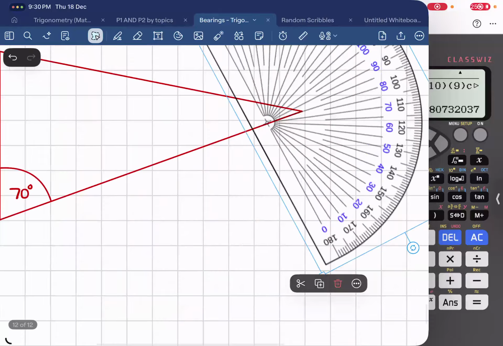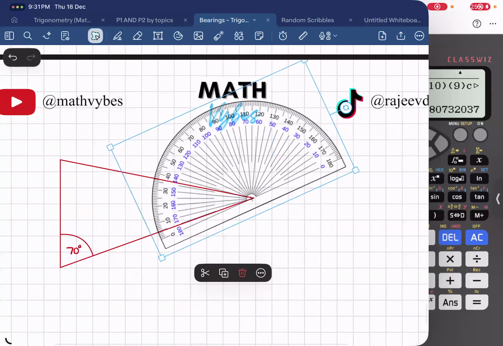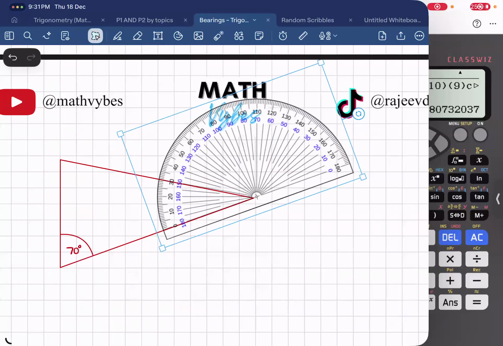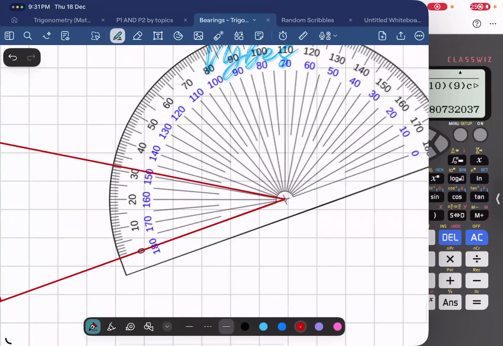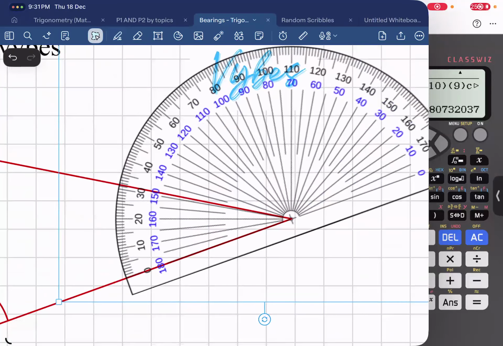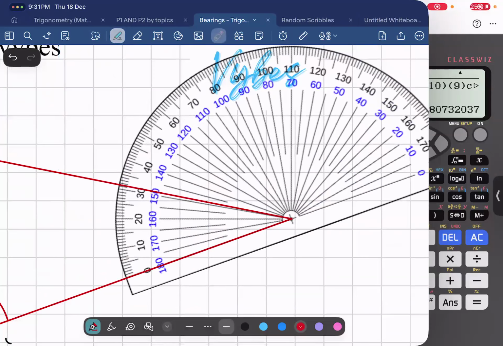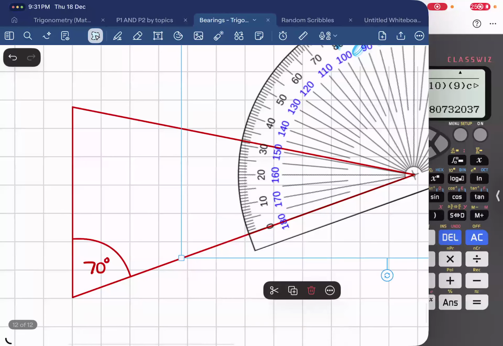How about we measure this angle over here? How many degrees does this angle look like? Approximately 31, right?